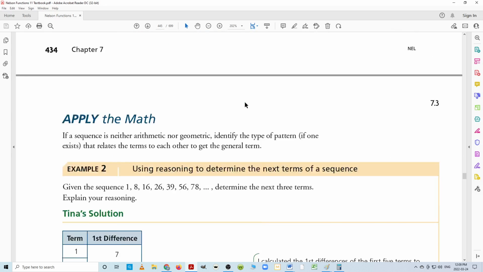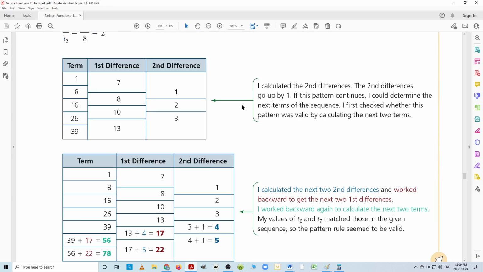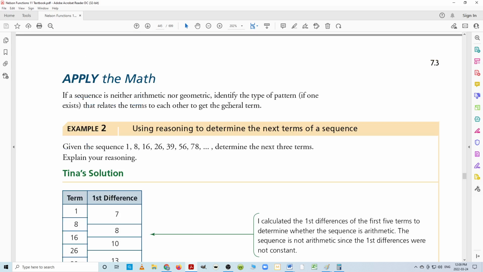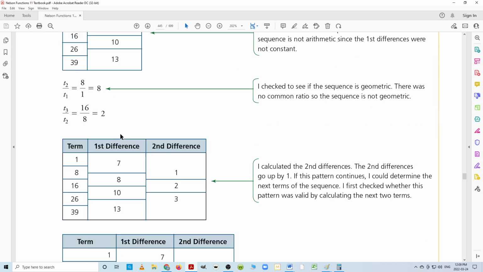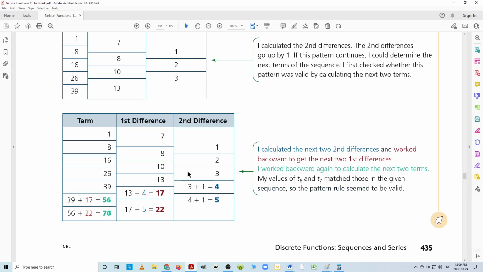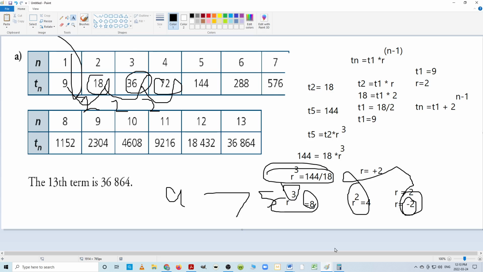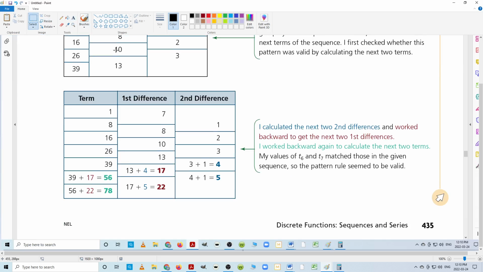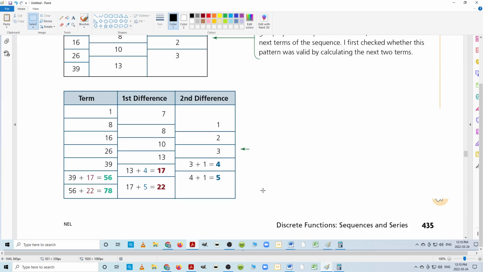So sometimes they don't follow this rule. But what they want you to do is learn how to study the first and second differences to figure things out. For instance, I'm going to show you something here. It's very easy to see that, so we can see this here, right?